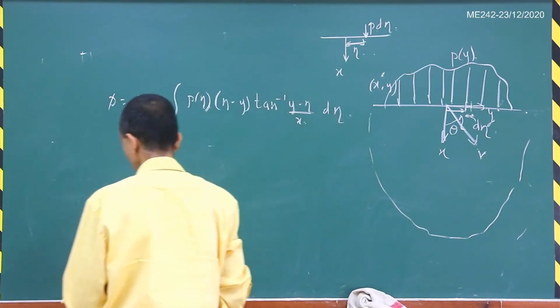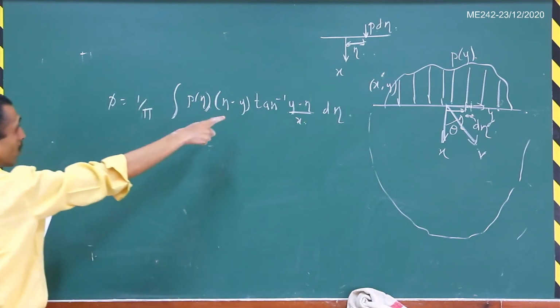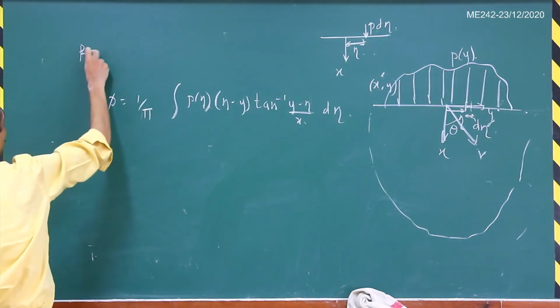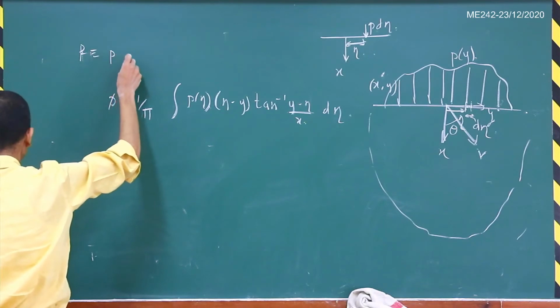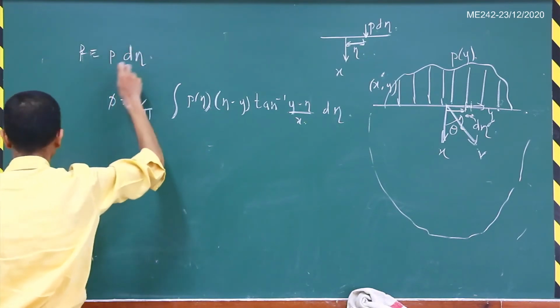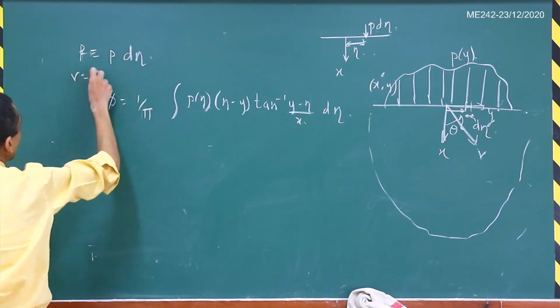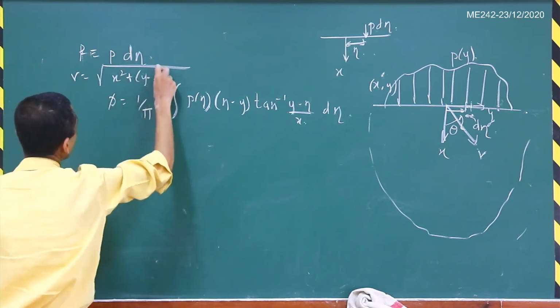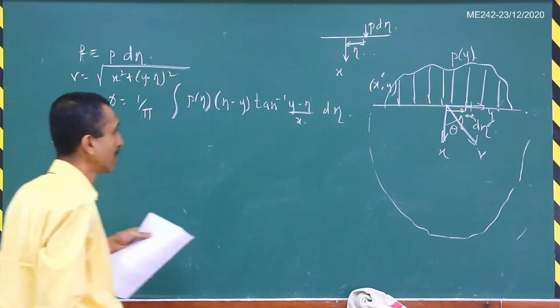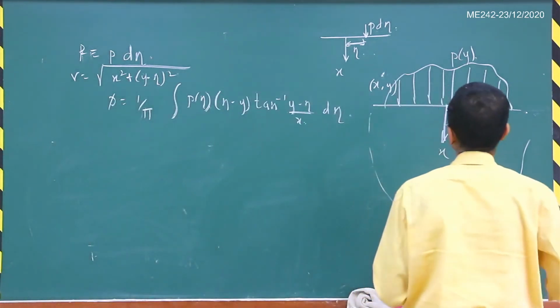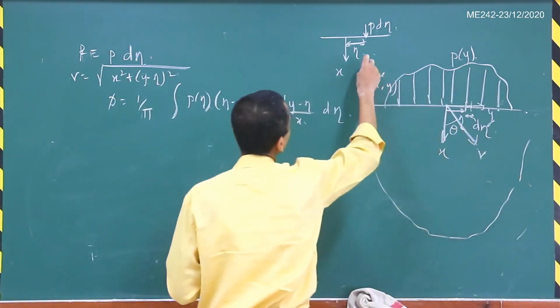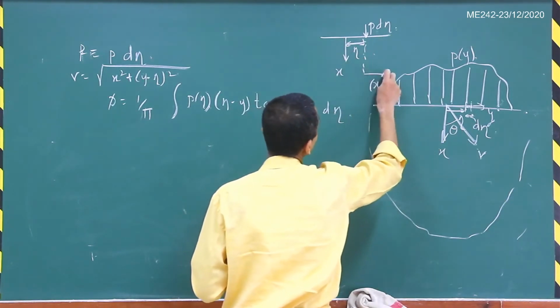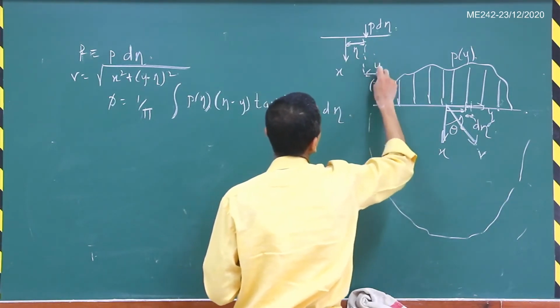So what I have done is that in place of P, I have substituted P d eta. Then in place of r, you are substituting the square root of x square plus (y minus eta) square. That is because you can see in this picture that this distance is y minus eta, correct?